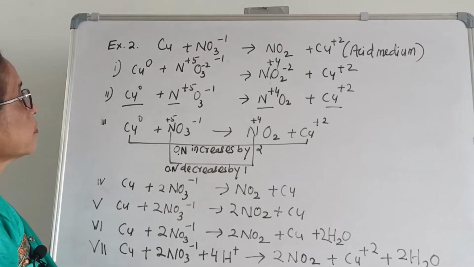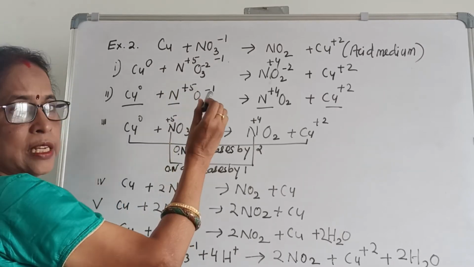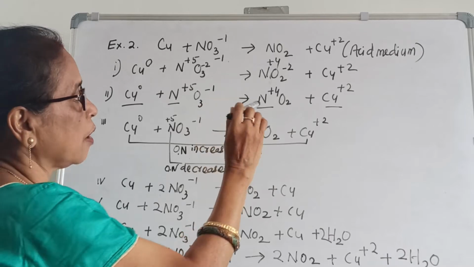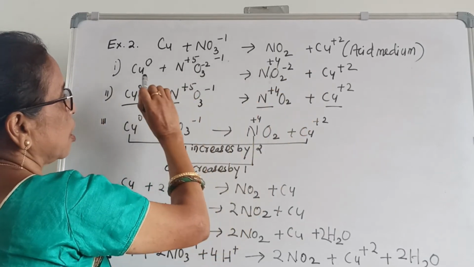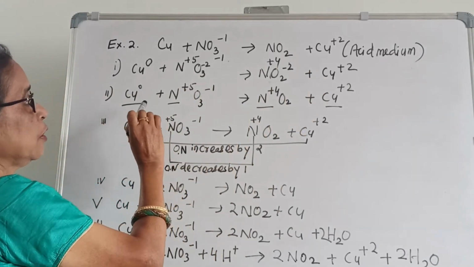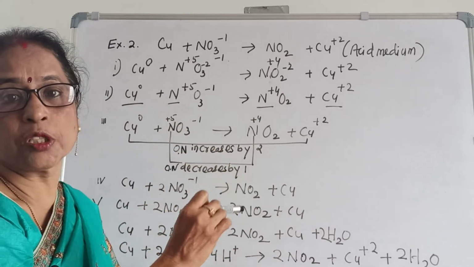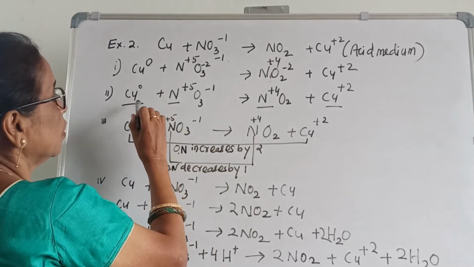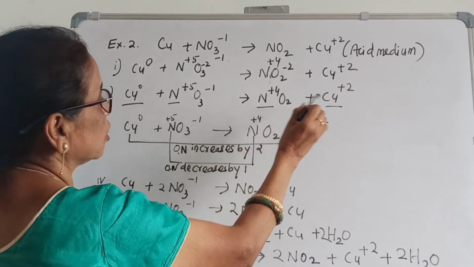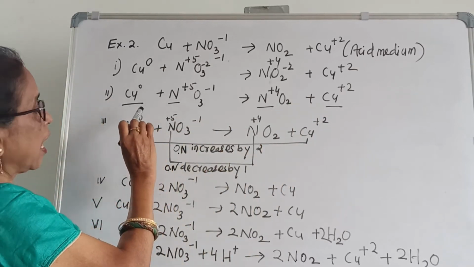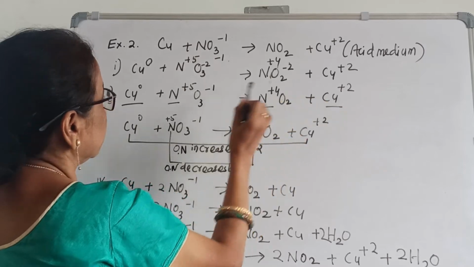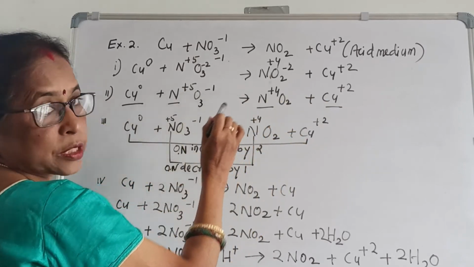Again see, first you will see the oxidation number of each atom in the equation. Now it is clear. Second, you see which atom undergoes change in oxidation number. Here I put an underline: Cu 0 to Cu plus 2, N plus 5 to N plus 4.